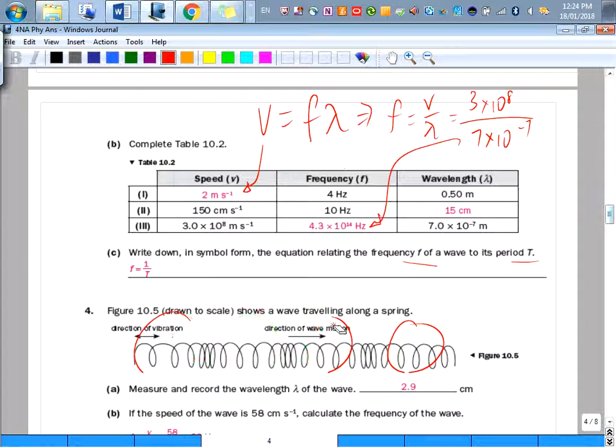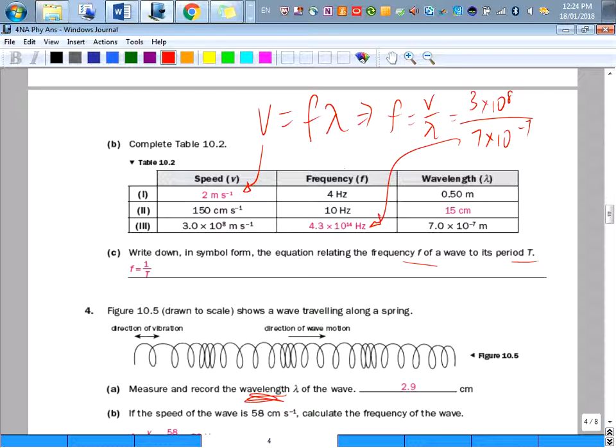Now measure and record the wavelength lambda of the wave. Where is one complete wave? Because wavelength talks about the distance of one complete cycle. Okay? So where is one complete cycle? Can you identify very clearly from this? Where do we start measuring from?